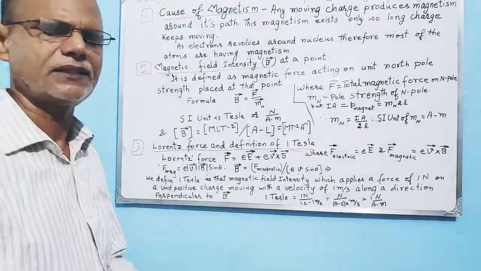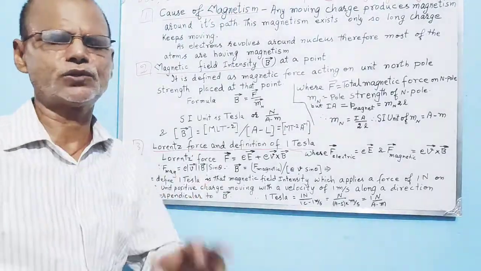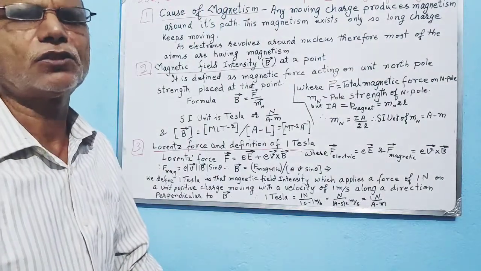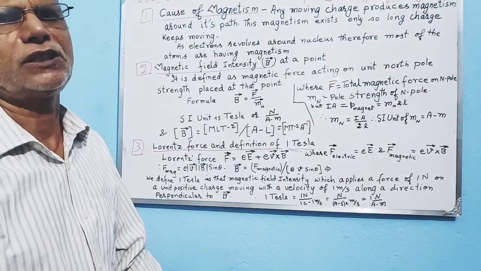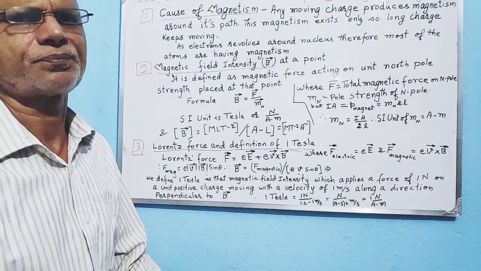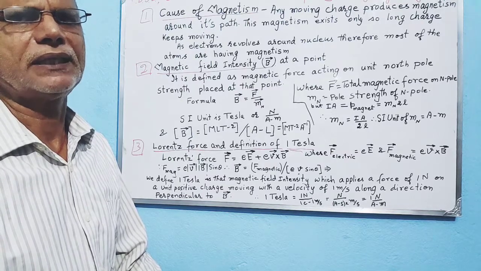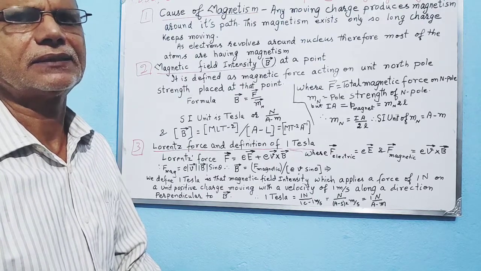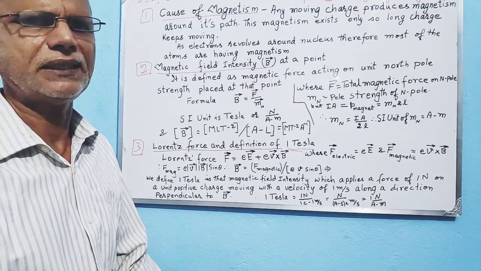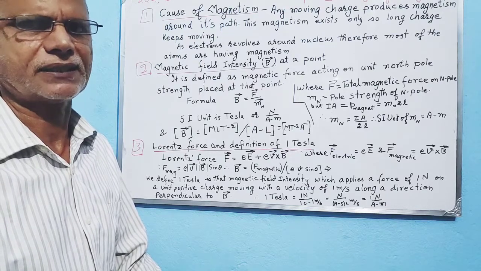Now in some cases you see that the body is not showing magnetism. This is only because those individual magnets may not be arranged in one direction. They may be randomly arranged to cancel each other's effects.